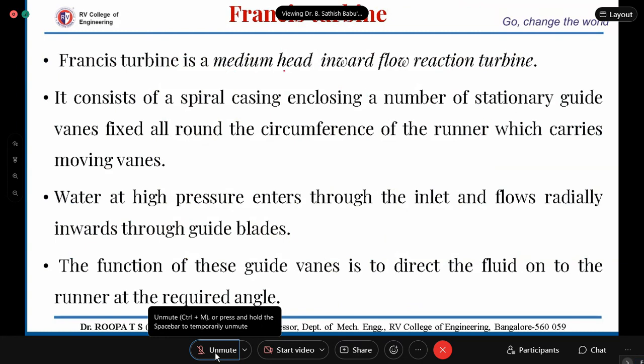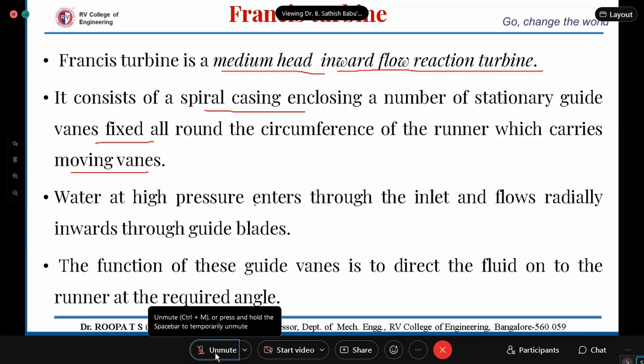So it is a medium head, reaction turbine. Inward flow and radial flow are both the same. It consists of a spiral casing, as I said, which will be enclosing a number of stationary blades and moving blades. Vanes are nothing but blades only. Don't get confused by the different terminologies they use.